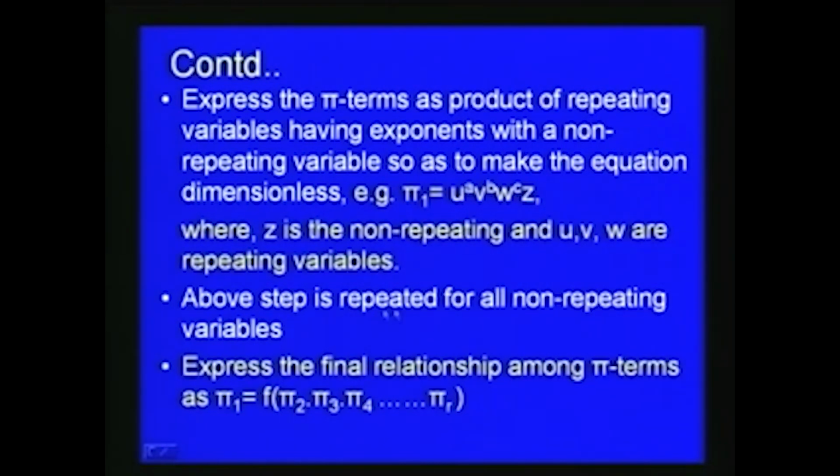After this step, it is repeated for all non-repeating variables. Finally, we express the final relationship among the pi terms as pi 1 is a function of pi 2, pi 3, pi 4, and so on, up to pi r.